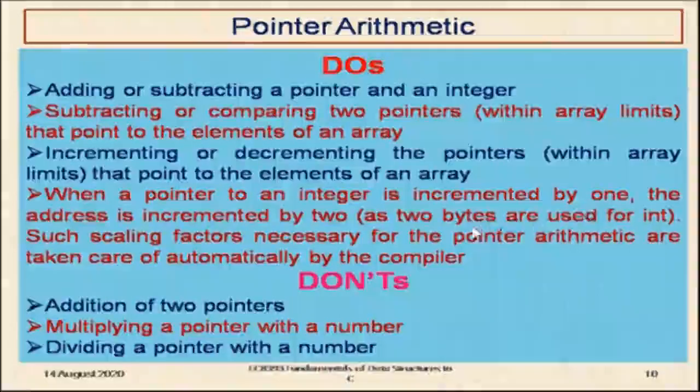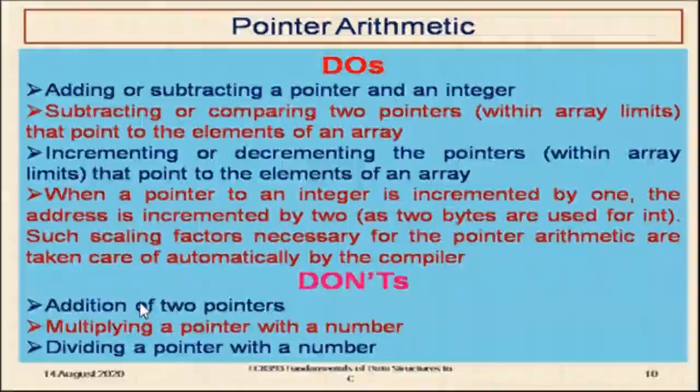If you use a floating point, it will be added with 4 bytes, so that it points to the next data. Such scaling factors necessary for pointer arithmetic are taken care of automatically by the compiler. For character it will increment by 1 address, for integer by 2 addresses, similarly for other data types.